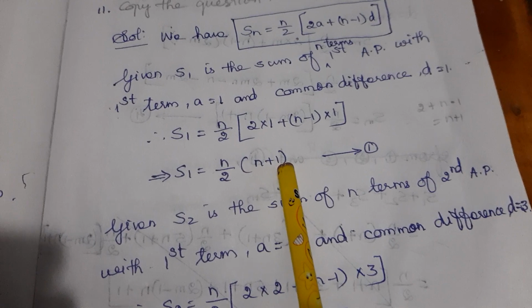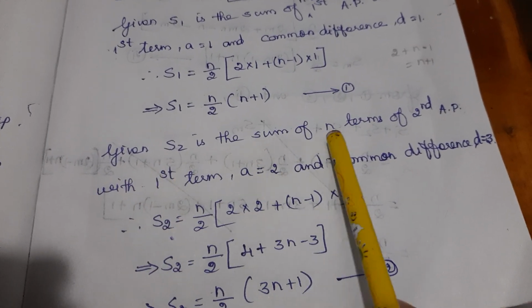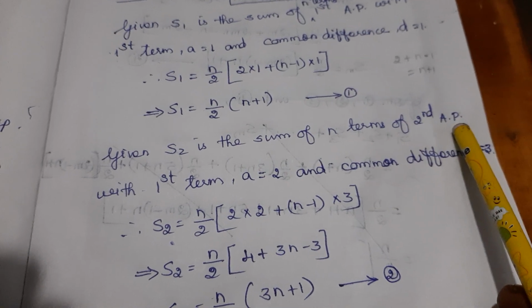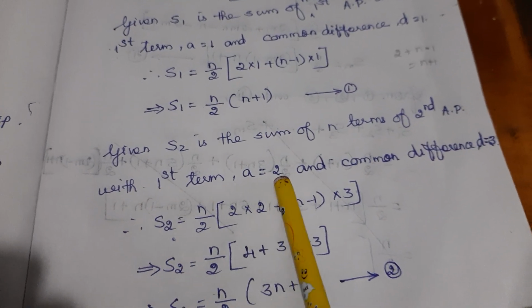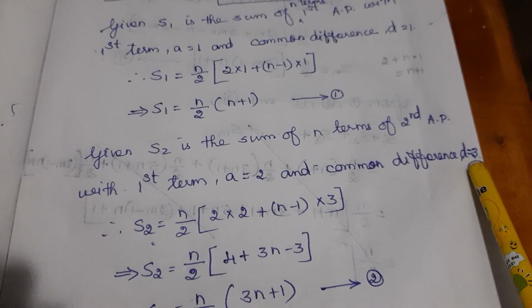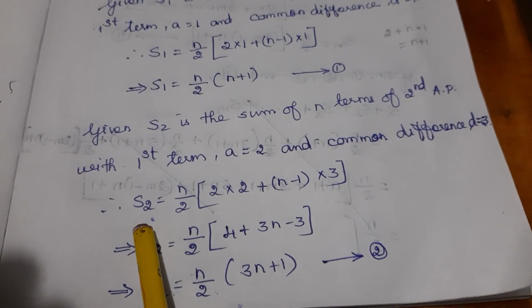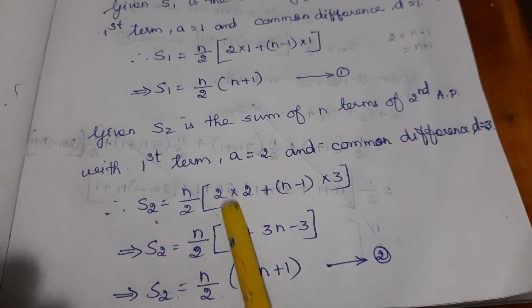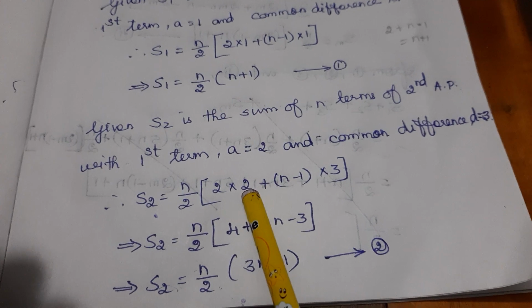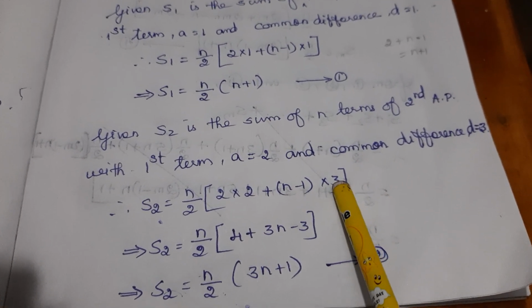Next one, S2. In the question they gave S2 as the sum of n terms of the second AP with first term 2 and common difference 3. According to these details, we can write S2 equal to n by 2 into 2 into 2 plus n minus 1 into d, which is 3.